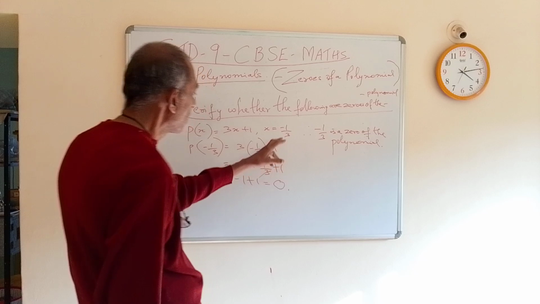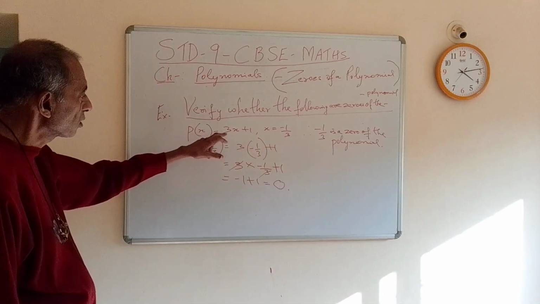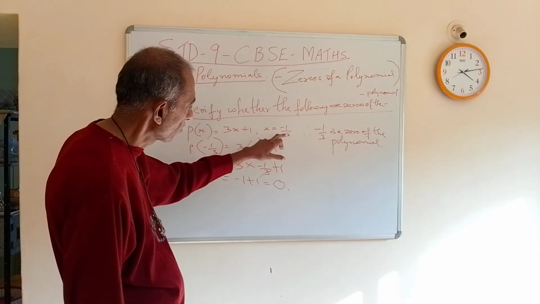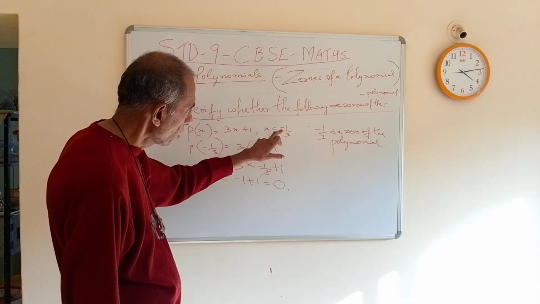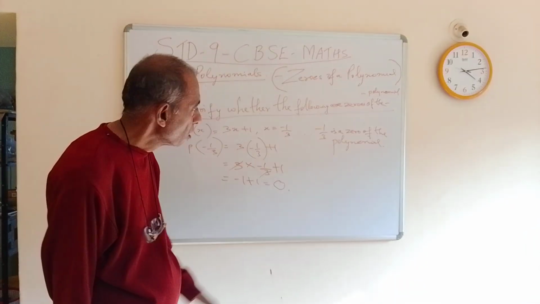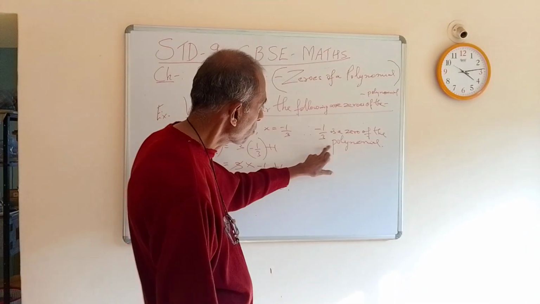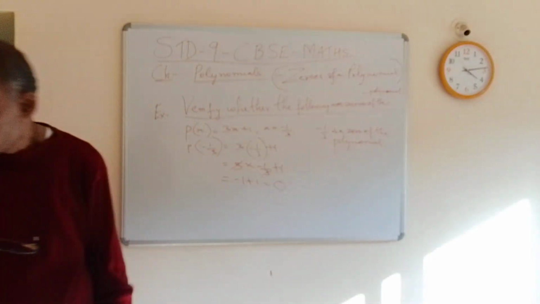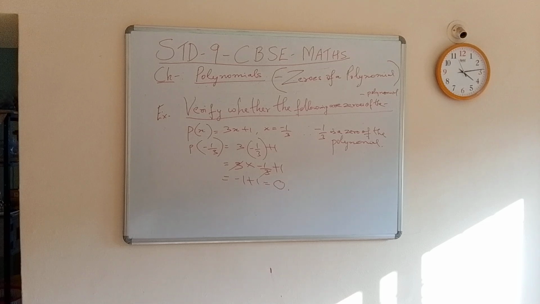Because for this expression p(x) is equal to 3x plus 1, if you substitute the value of x as minus 1 upon 3, we get the answer 0. So therefore, minus 1 upon 3 is the zero of the polynomial.